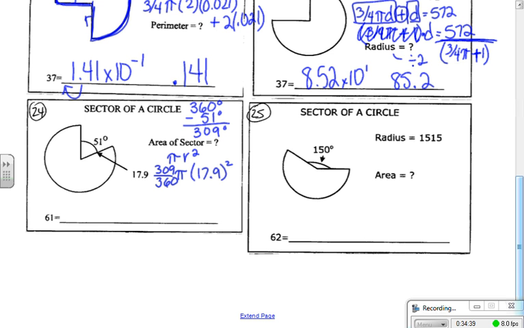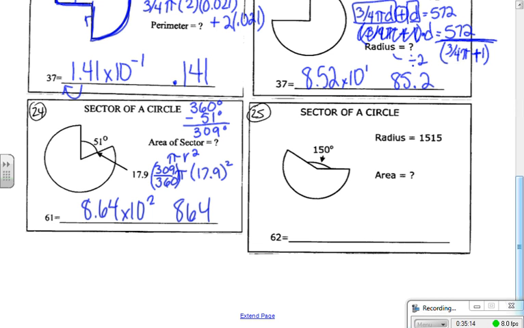So I would probably just start with the radius, do 17.9 squared, bring up pi and multiply it, and then you need to multiply by this fraction part. Go decimal 309, decimal 360 would be how you could get that fraction to show up, and then you can just hit times. And that will give you the portion of the area that's not the wedge, the 51 degrees that's taken out. We're left with 8.64 times 10 to the second, or 864.